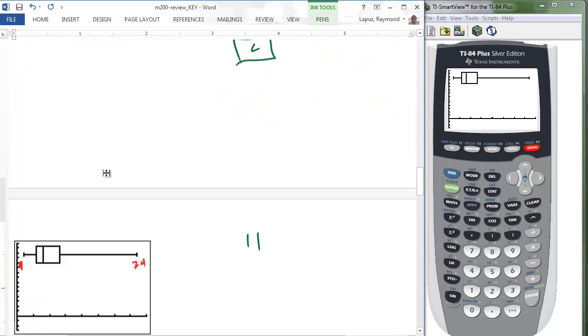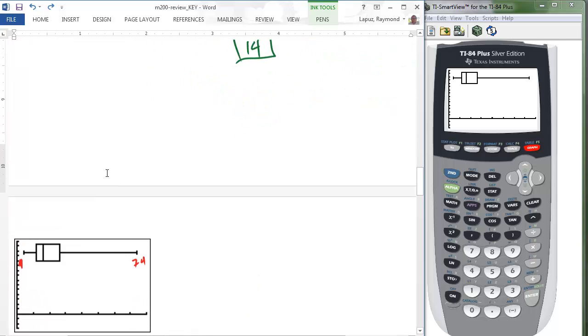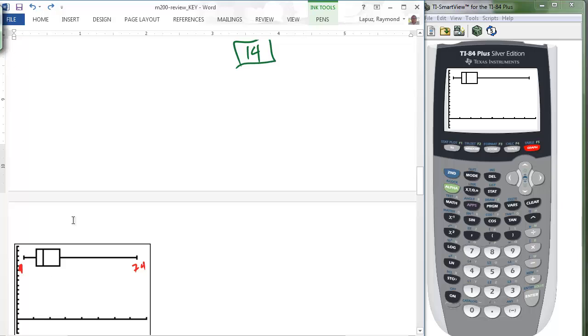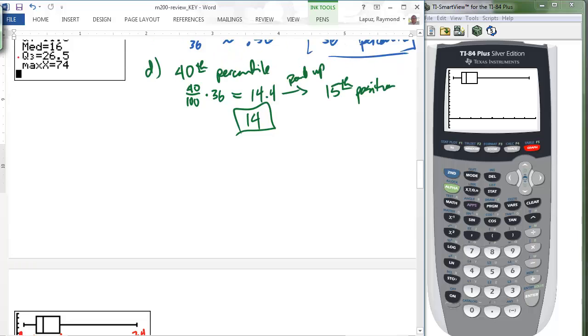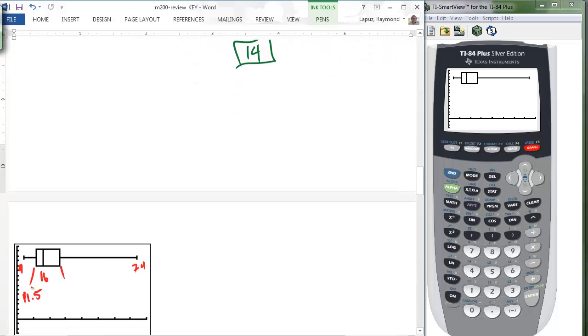Let's see if we can get this to go up there. Nope. Alright, I'll just call our median 16. And our Q1 is 11.5. And our Q3 was 26.5. That is your box plot. And these are the solutions to the second part of problem number 3.